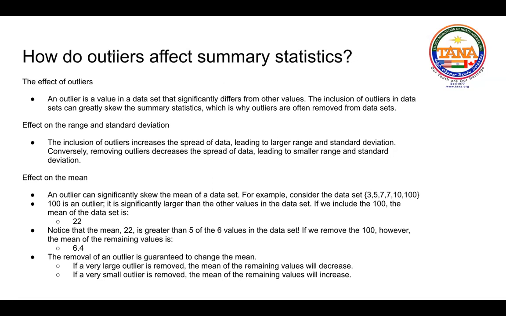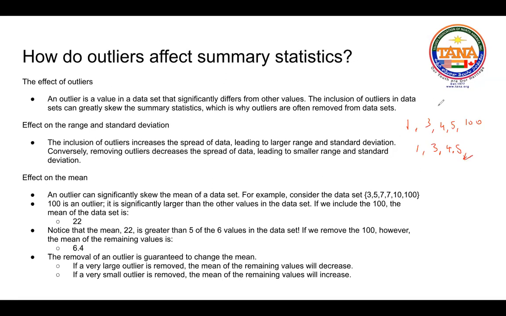An example of this would be if you have the data set 1, 3, 4, 5, and 100. The mean is greater than what you would have if it was 1, 3, 4, and 5, because the mean of this would be a lot higher, since you have to add each of these and divide by 5.